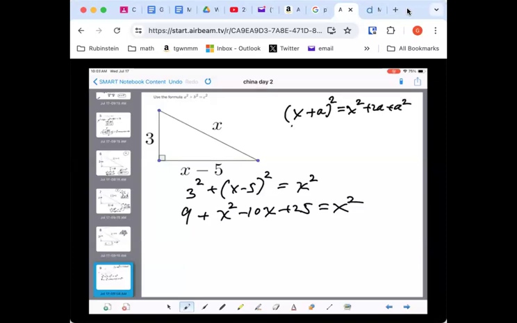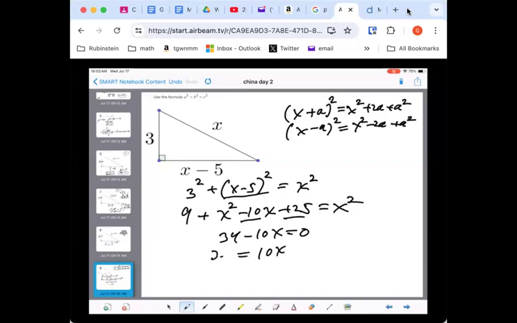And if you square something like x minus a, not the a from a squared plus b squared, but just another letter, some people memorize that. And that way, when they see x minus 5 squared, they just double the minus 5 to get minus 10, and they square the minus 5 to get 25. Anyway, we get 34 minus 10x equals 0. 10x equals 34. And x equals 34 over 10, which is 3.4.